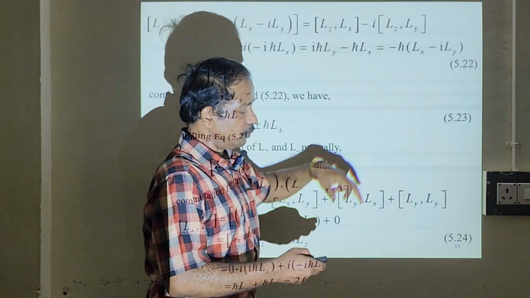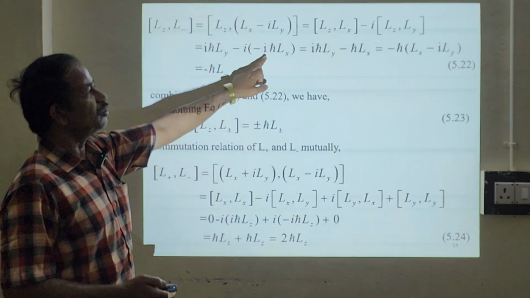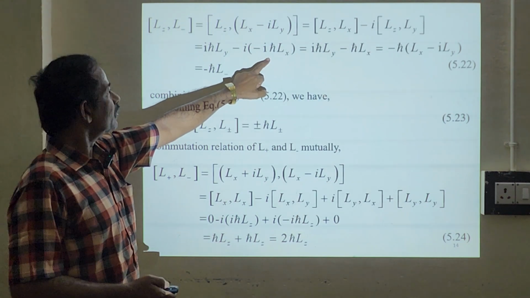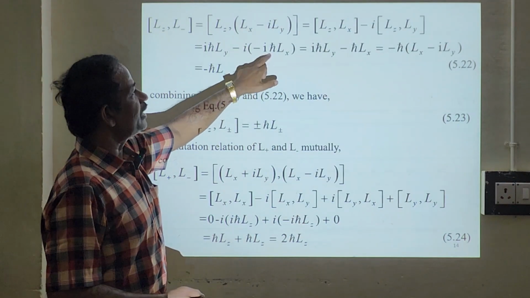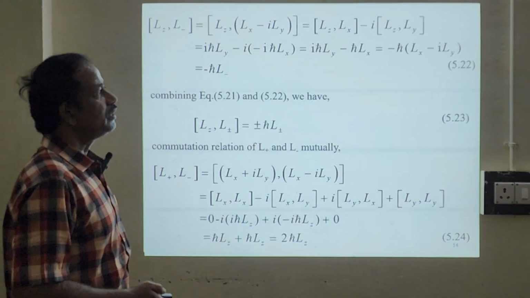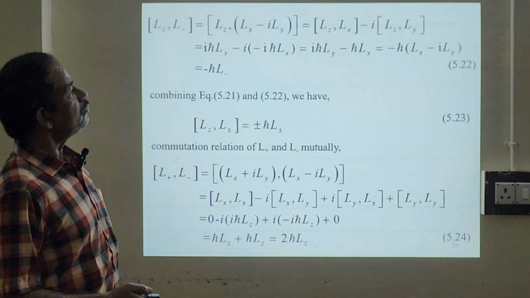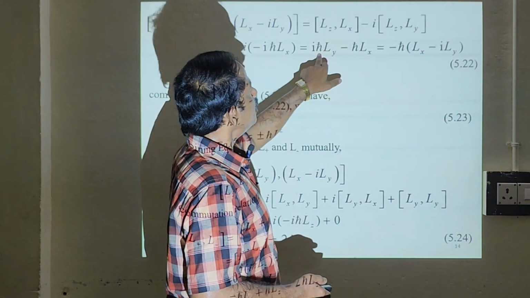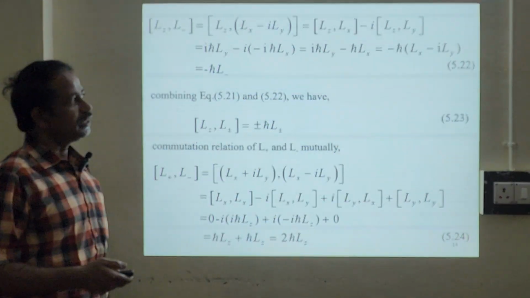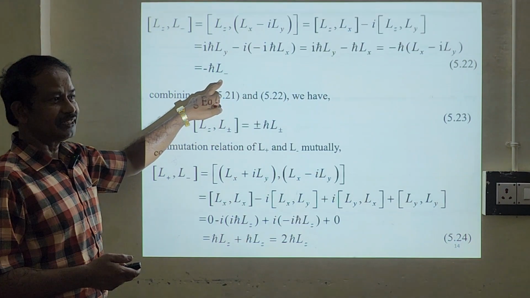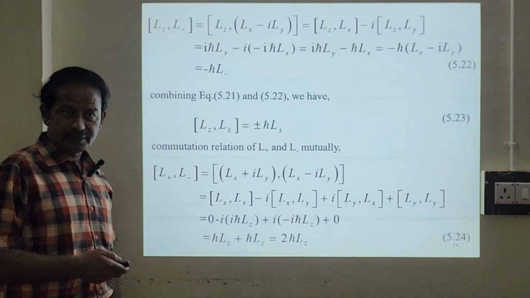And Lz, Ly will be minus: minus i h bar Lx. So you have i h bar Ly as it is, and minus plus i squared equals minus 1, so minus h bar Lx. Pulling minus h bar out, we have Lx minus iLy, which is nothing but L minus. So Lz commutated with L minus gives minus h bar L minus.